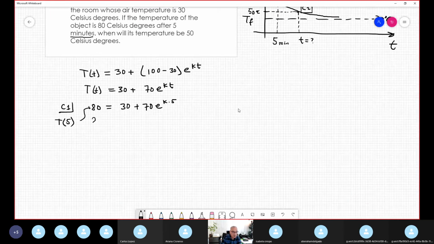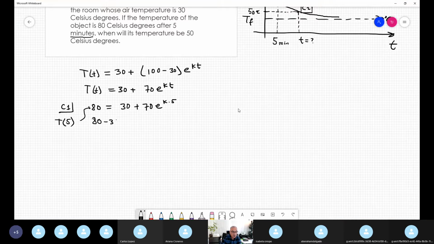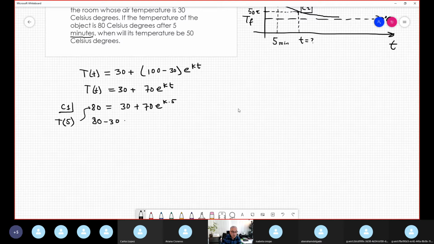It is 80 minus 30, okay, 50, no? 50 is equal to 70 e to the 5k. Divided by 70 both sides. Actually 5 over 7, because I cancel out that 0, equal e to the 5k.